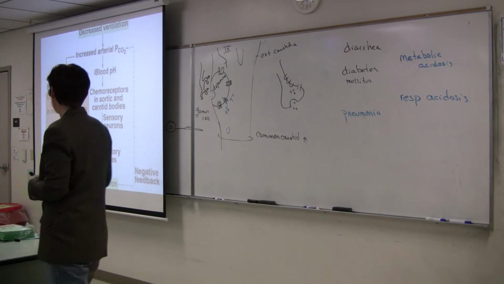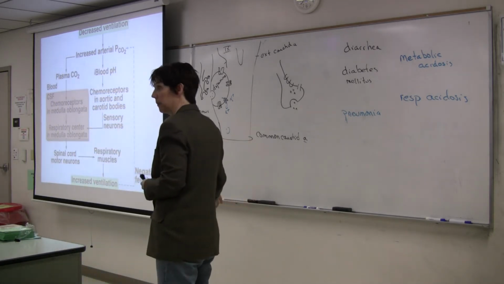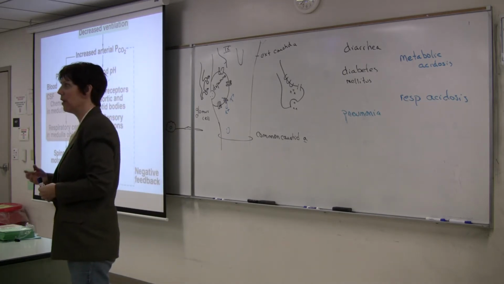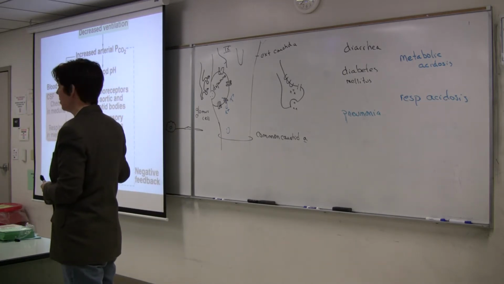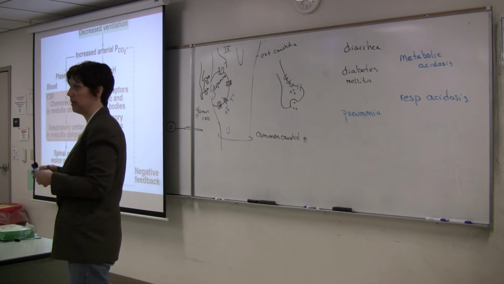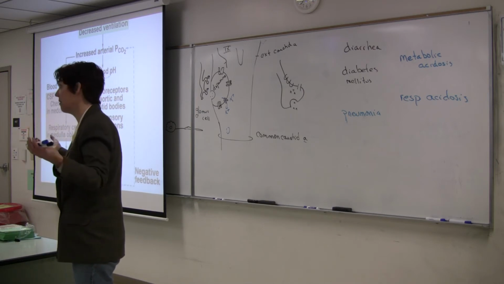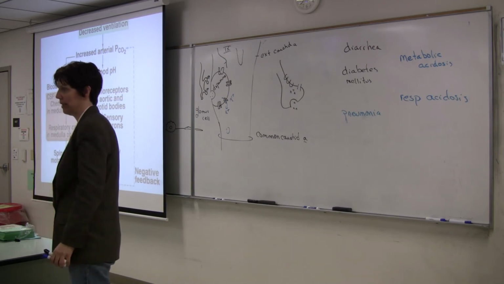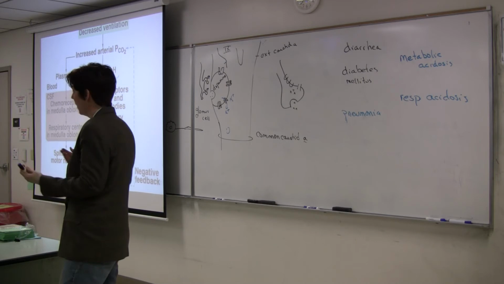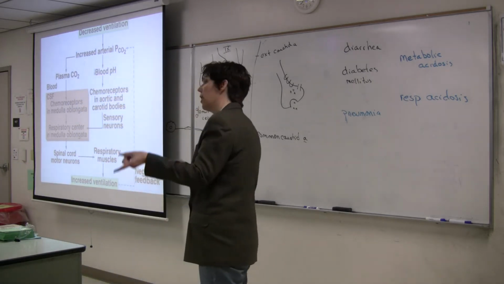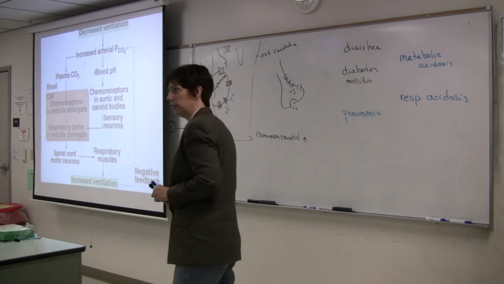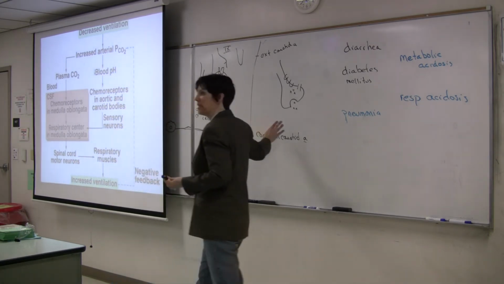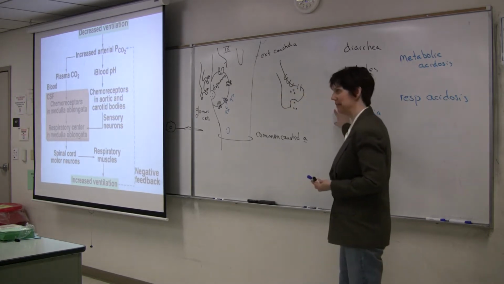So they would have elevated arterial CO2, okay, and it's elevated all the time. So their chemoreceptors in both the arterial bodies and the central nervous system become adapted. They don't fire because it's just there all the time. It's just like you get adapted to the clothes that you wear, wearing a watch or sunglasses or whatever, okay? So the body switches over and now is triggered by the oxygen chemoreceptors in the peripheral nervous system.